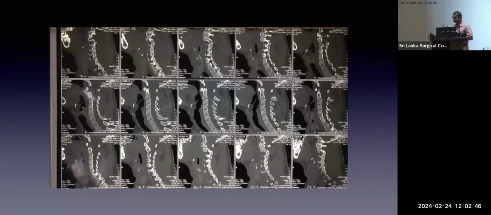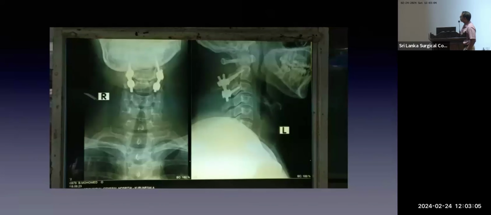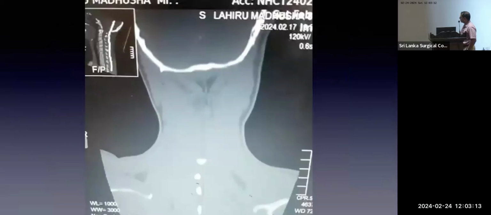That is the biggest, much bigger than all the other cervicals, right? So it's very easy to put a screw in. We put a screw in here and here, and put a lateral mass screw on C3. Right? So there's a little bit of malalignment, but it is fine, it's stable. Okay.